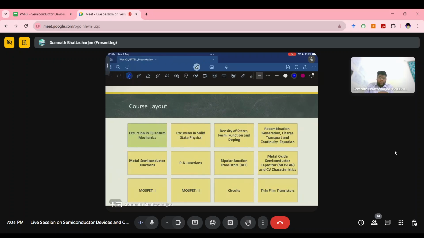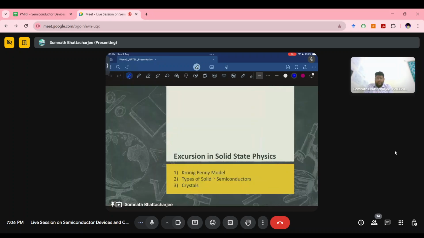So this is a 12-week course, as we all know, and the first week was on excursion in quantum mechanics, and we understood the basic structure, like through the Schrodinger equation, how to solve everything. In this week, we'll learn about excursion in solid state physics, which is the second week of this course.